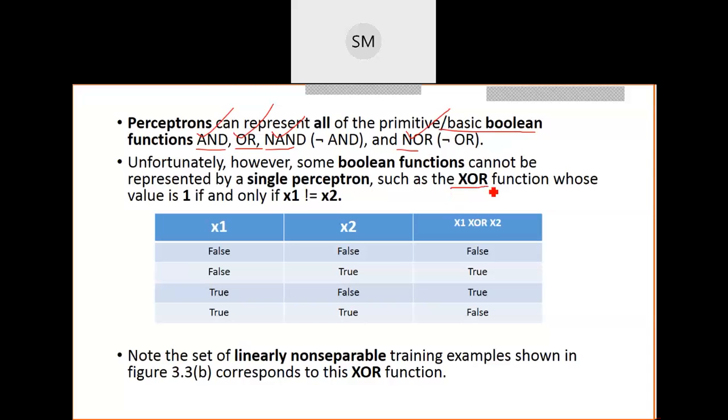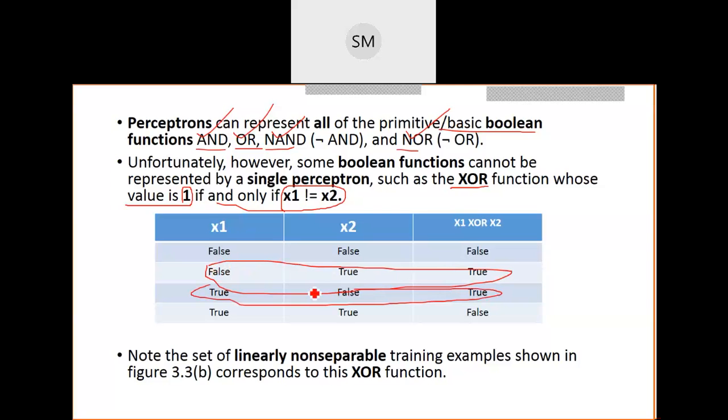Why? Because of its nature. The output of this XOR will be 1, that is nothing but true, if and only if x1 is not equal to x2. It means that both inputs should have different values. Then only is the output of this XOR true. I am talking about these two cases, this one and this one.